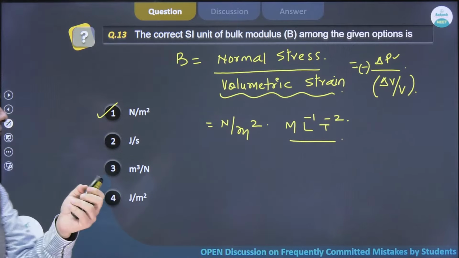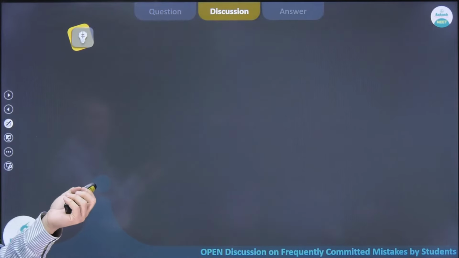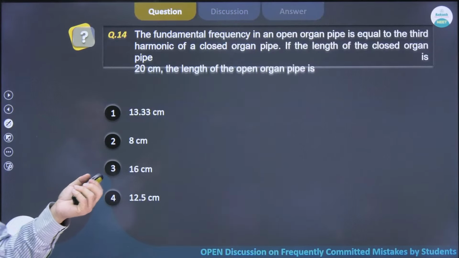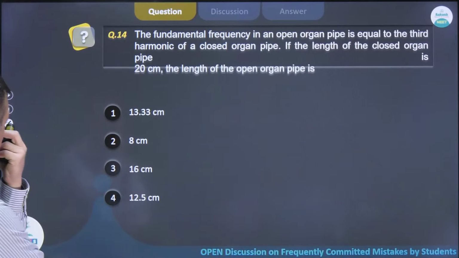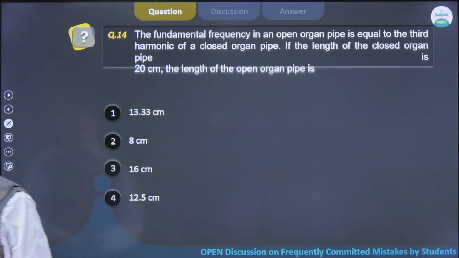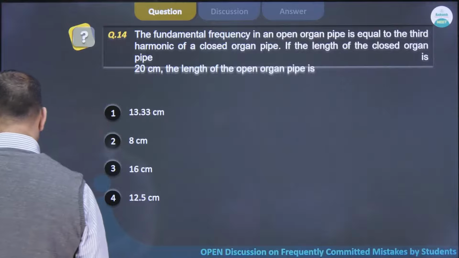Shall we move? Yes. Now the fundamental frequency in an open organ pipe is equal to the third harmonic of a closed pipe.